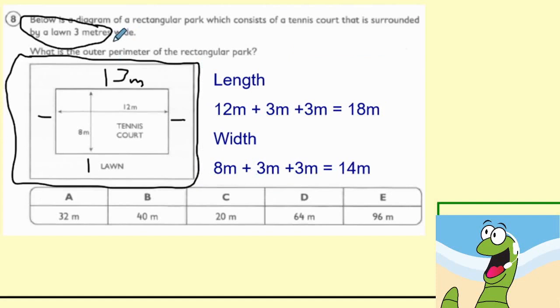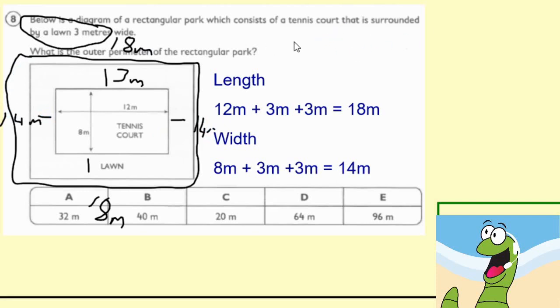So let's have a look at this. That's 18, because don't forget perimeter is all the way around. And that's 14, and that's 14. We can do it one of two ways.